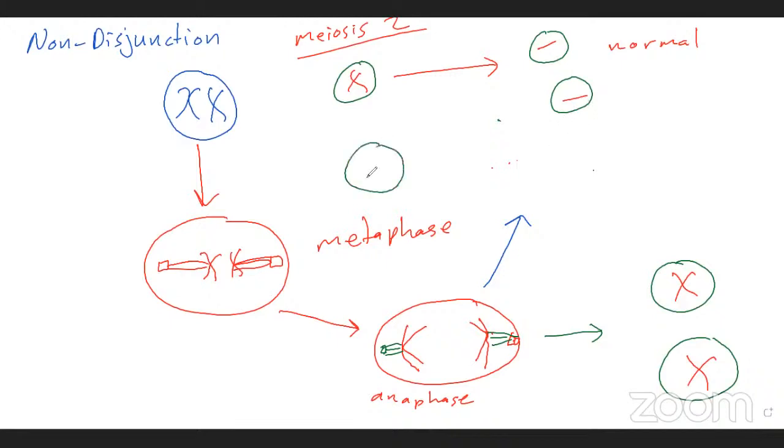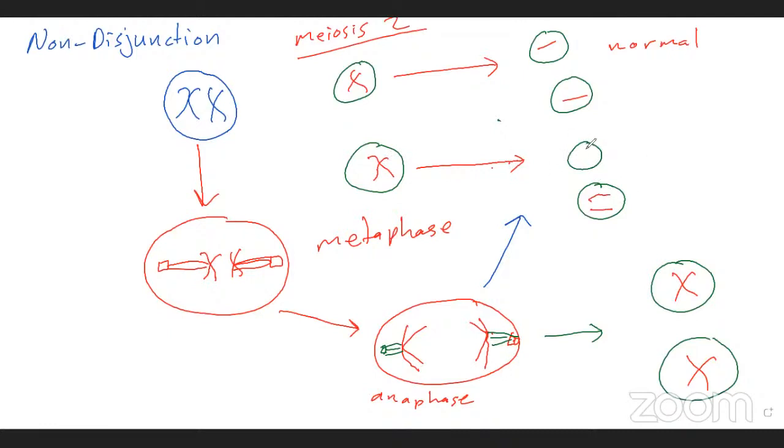The next option, so again, one cell has both chromosomes.